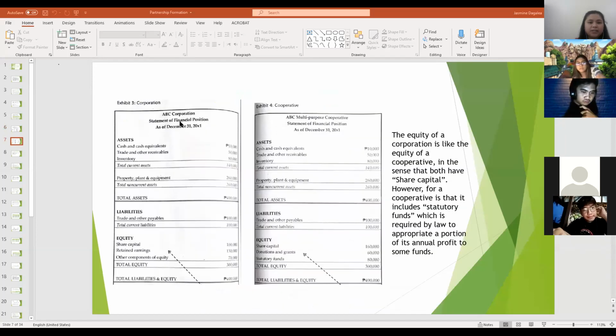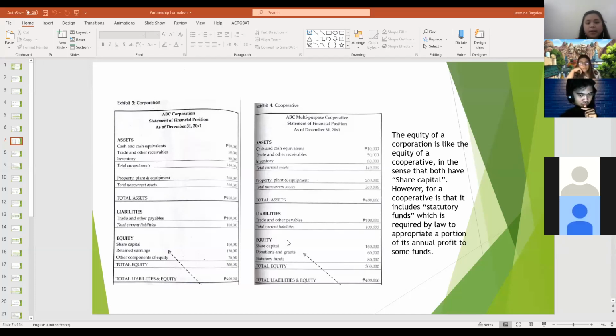And then in the next slide, the balance sheet of a corporation. So under a corporation, the equity is as follows.